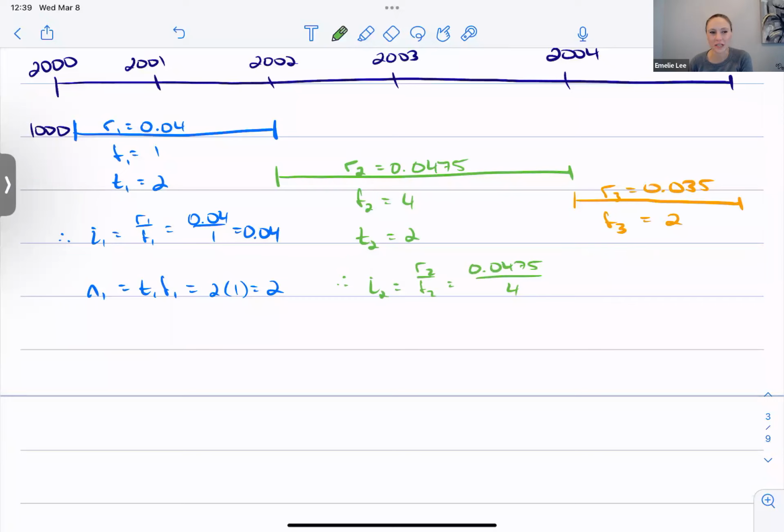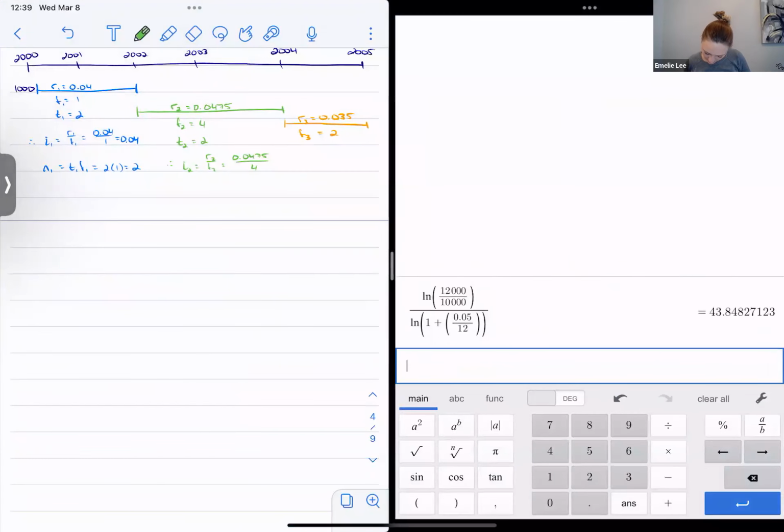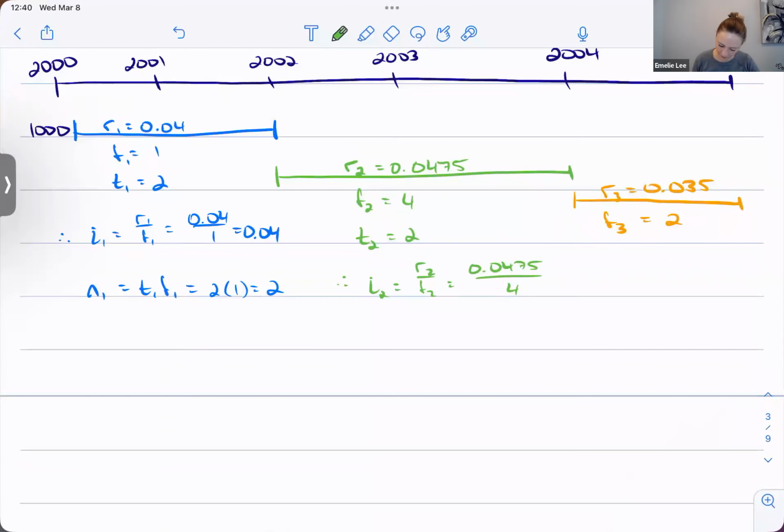I'm actually going to leave it like that, I don't think it comes out to a clean number. I'm just going to do that on my calculator later. And N2 is T2 times F2, which is 2 times 4, which is 8. If it's compounding quarterly for 2 years, then you have 8 compoundings.